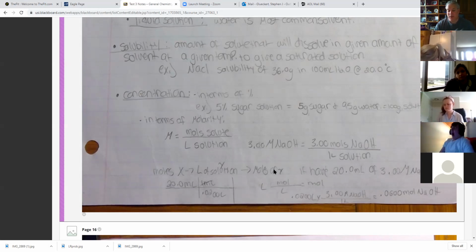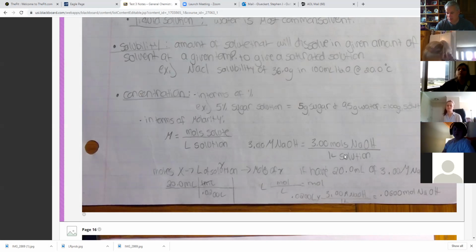Now, what we can do with this, we're going to have another important conversion factor pop out of this. What we can do is we can go from moles of something to liters of something, or from liters of something back to moles of something. Okay? Because you can use this as a conversion factor.